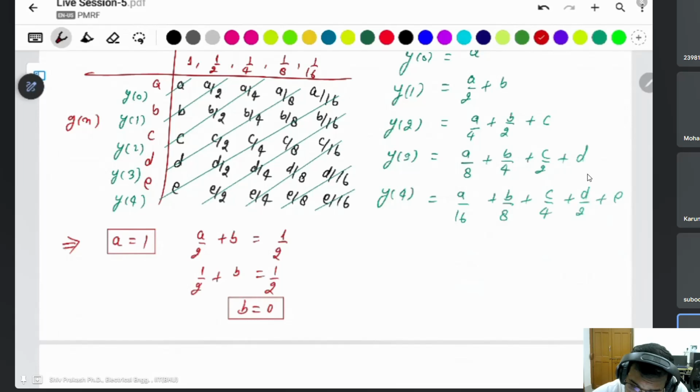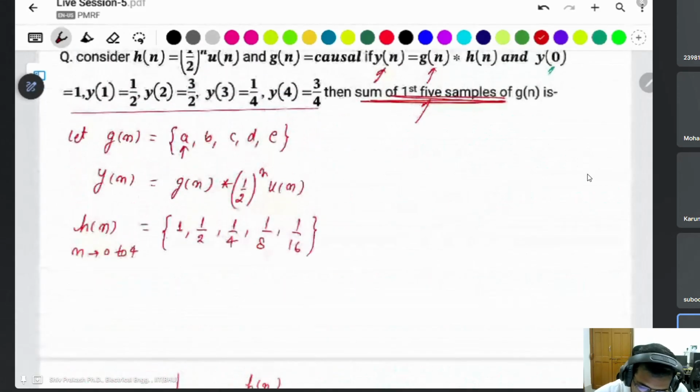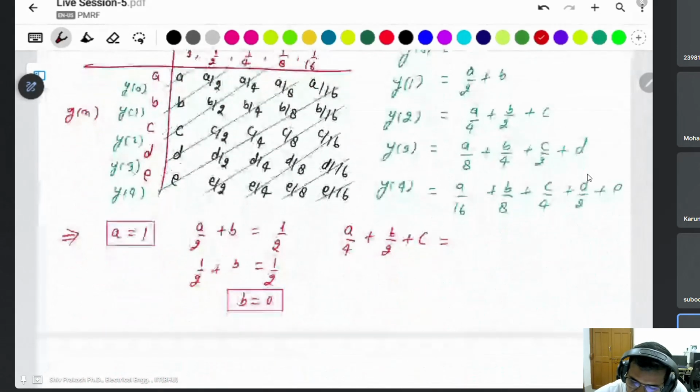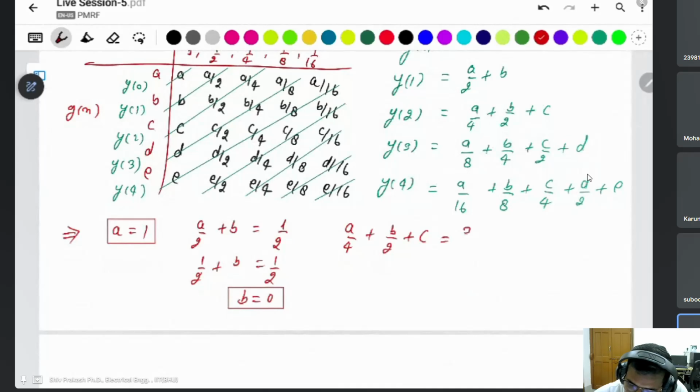Another is a by 4 plus b by 2 plus c. This will be y2. y2 is given as 3 by 2, then it means this will be 3 by 2. We have a and b, then find the c. b is equal to 0, then this will be 0. a is 1, it means 1 by 4 plus c is equal to 3 by 2.